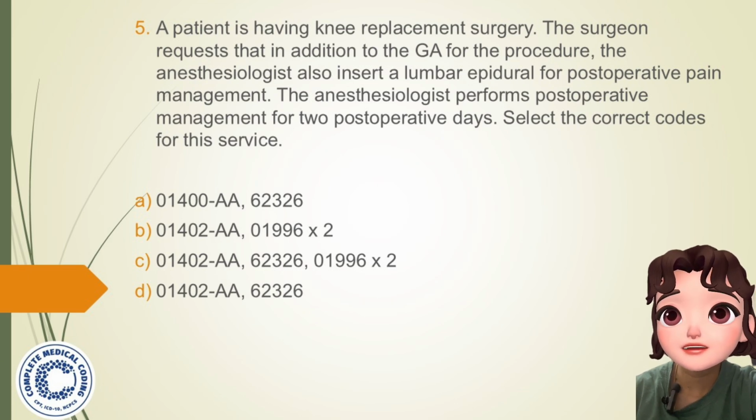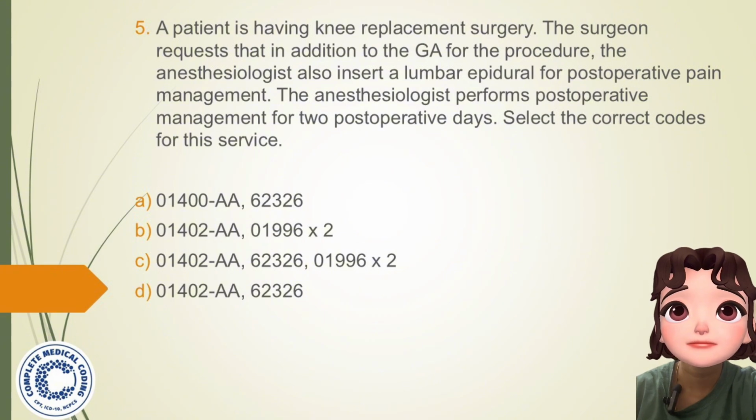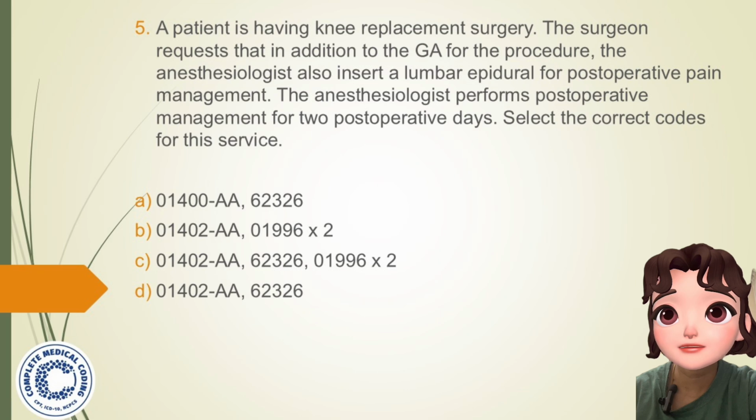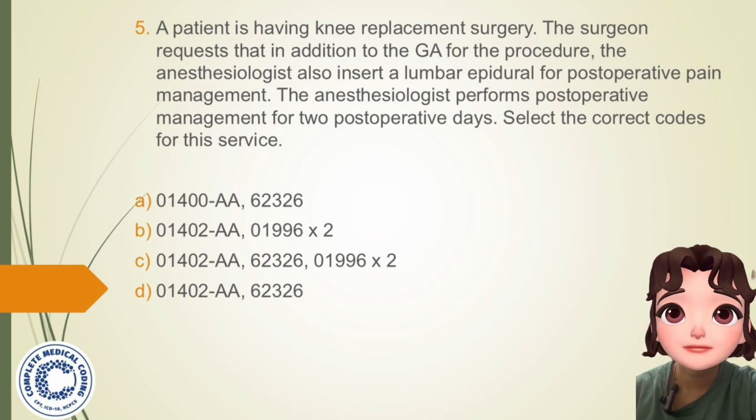What is the next CPT code in option B? 01996. 01996 represents daily hospital management of epidural or subarachnoid continuous drug administration. So it means for 2 post-operative days we have to code it twice.